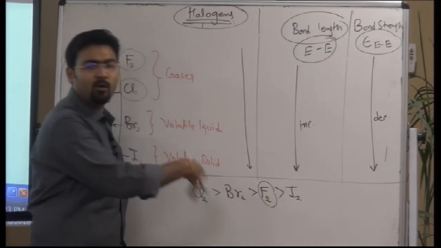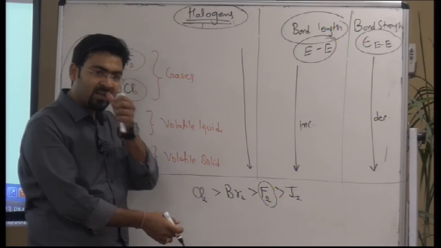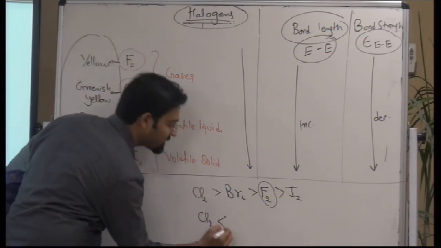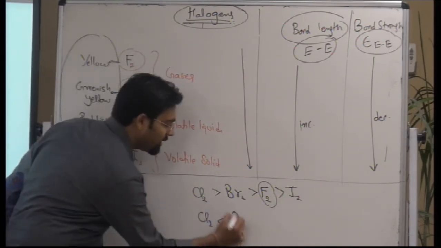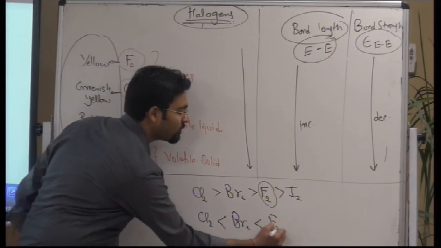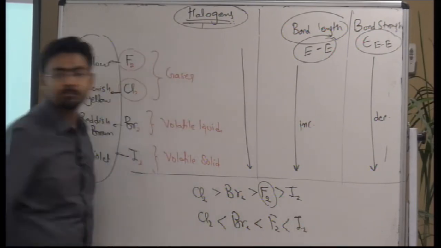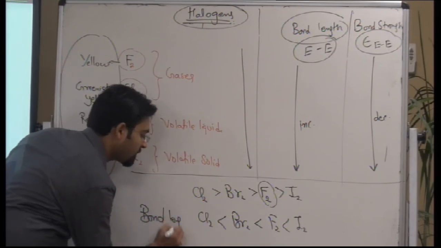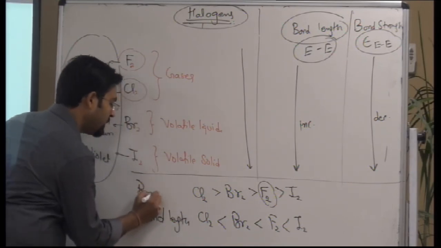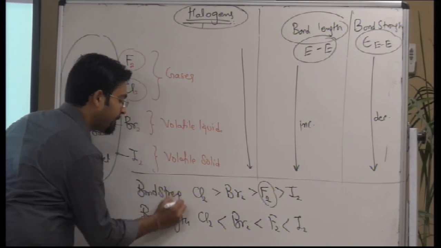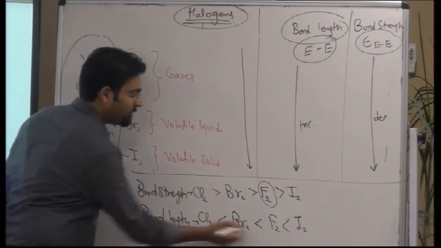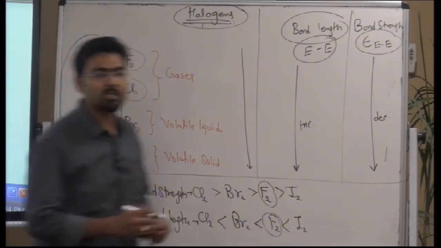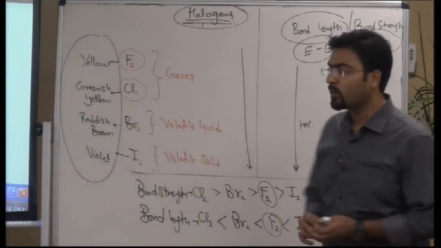So if I draw the order of the bond length, it will be the reverse of it, which means bond length is smaller in chlorine, then larger in bromine, then larger in fluorine, and then larger in iodine. So this is the order for their bond length, and this is the order for their bond strength. So why does fluorine have larger bond length and smaller bond strength?